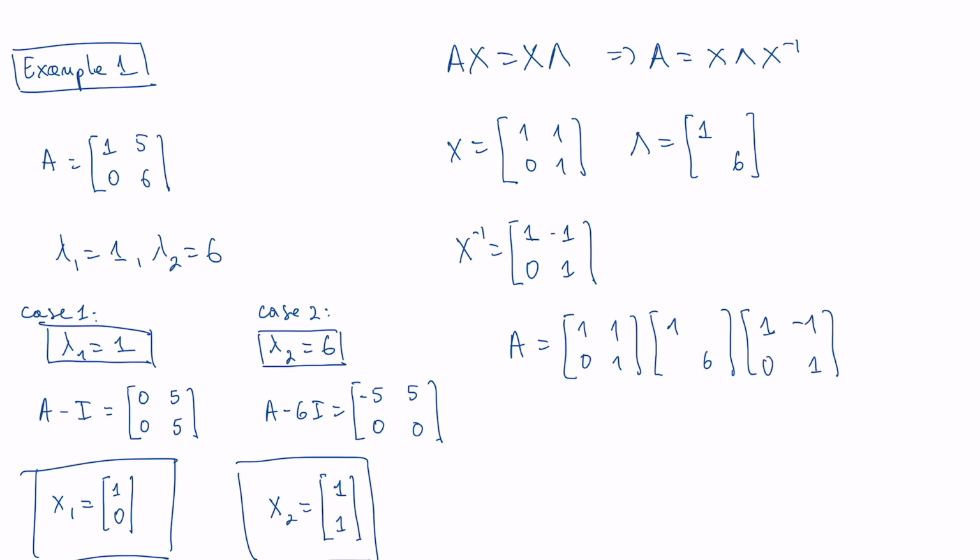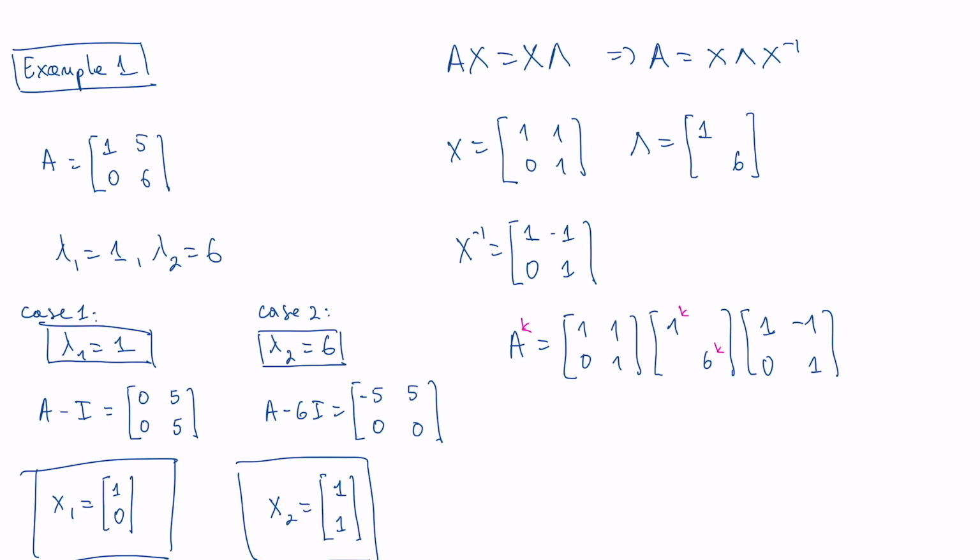And if I want to find any powers of A, let's say A to the k, I simply take 1 to the k and 6 to the k. So you see 1 to the k is just 1, whereas 6 to the k can be a very big number. Similarly from here, what if I wanted to find the inverse? You can still use this form of the diagonalization and put a negative 1 instead of k.